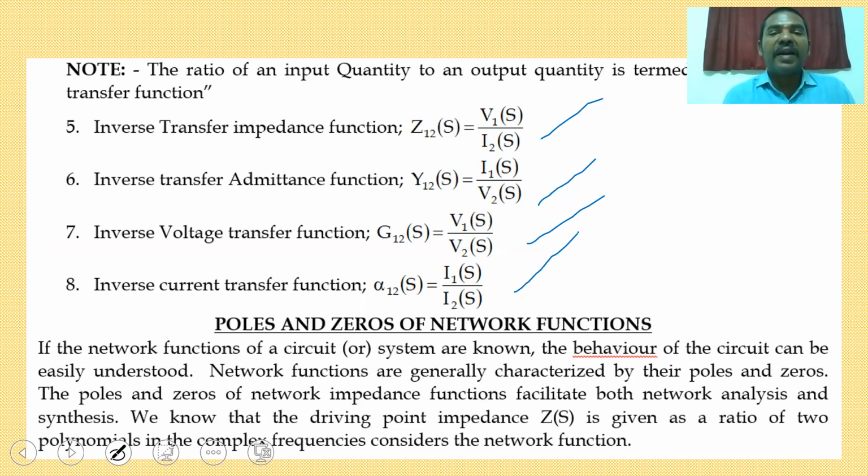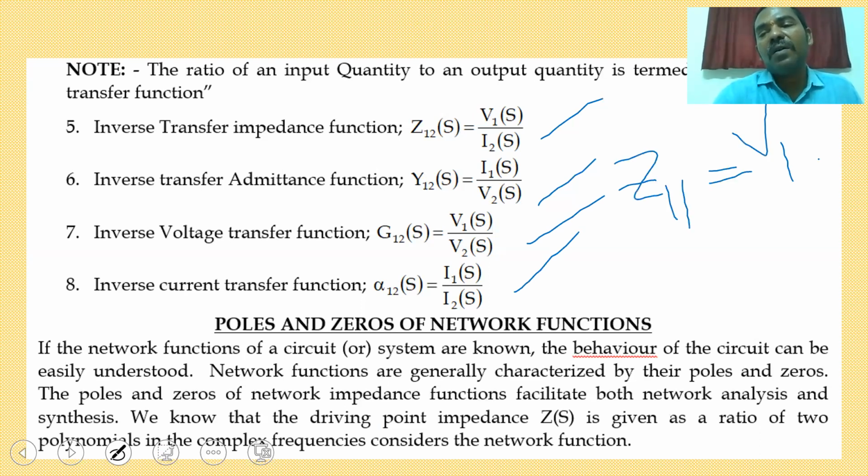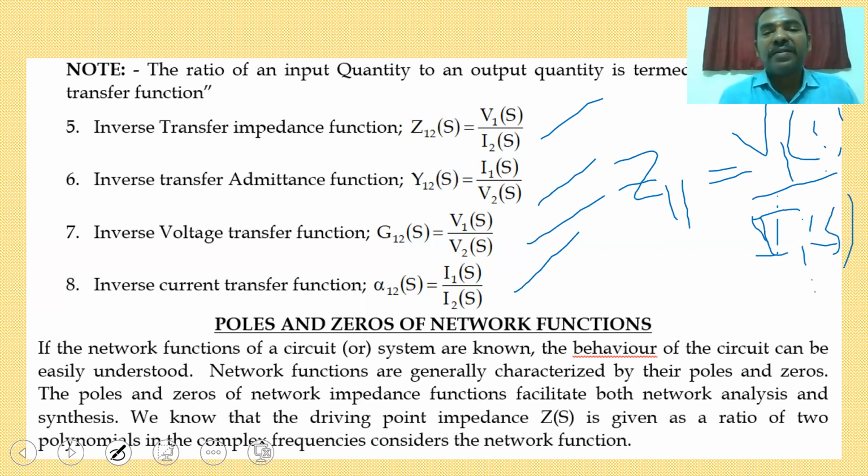So similarly, driving point impedance. Driving point impedance means Z11. So Z11 is equal to V1 of S by I1 of S, the driving point input impedance.